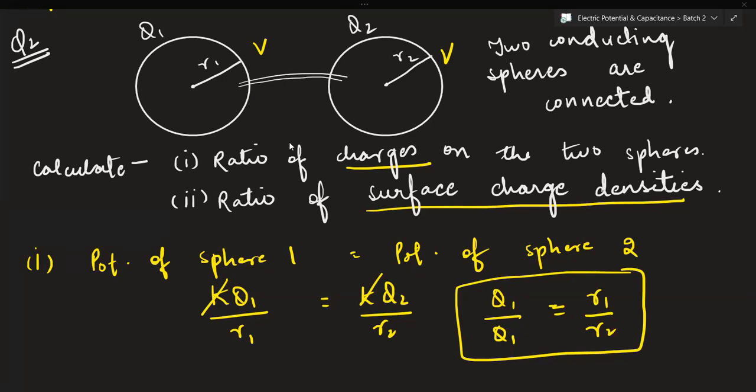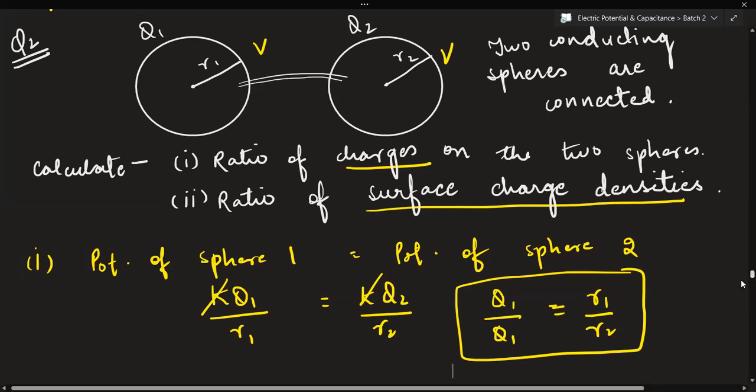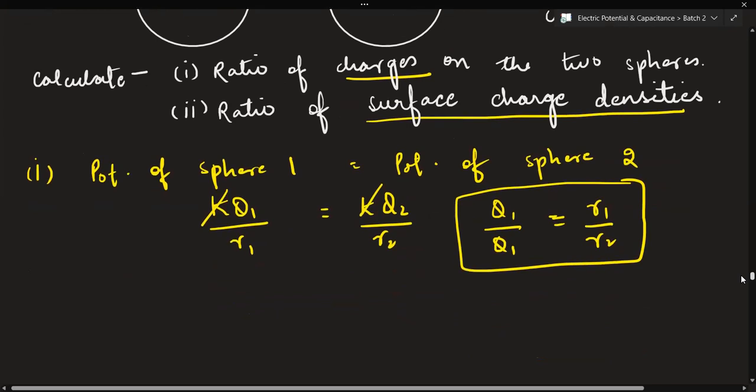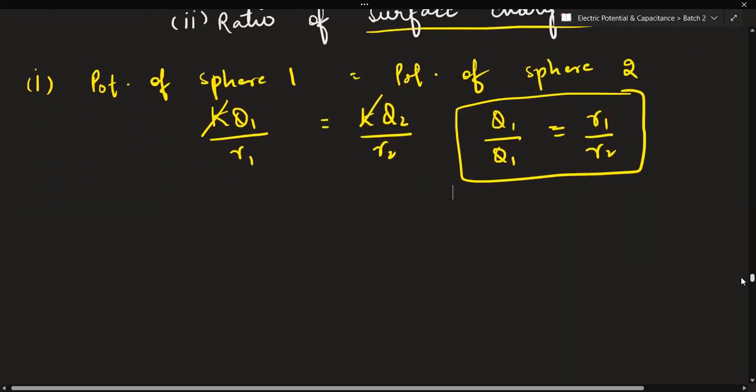Akifa, please tell us what is meant by surface charge density. Charge over area. Correct, charge over area. So for finding out surface charge density, we have charge with us. And the way Akifa has mentioned, it is charge divided per unit area.